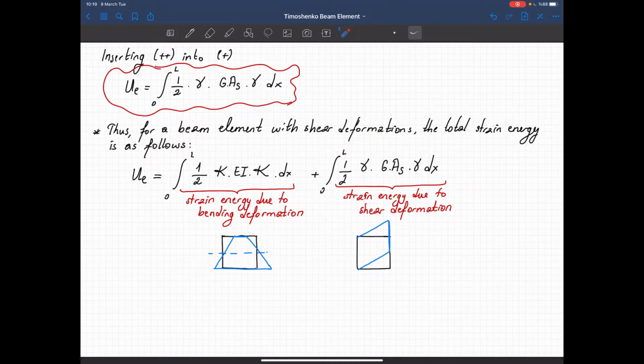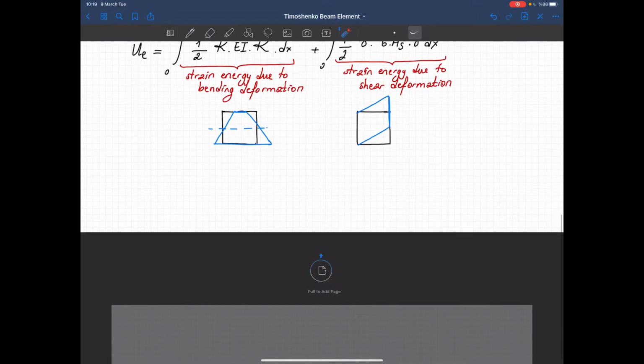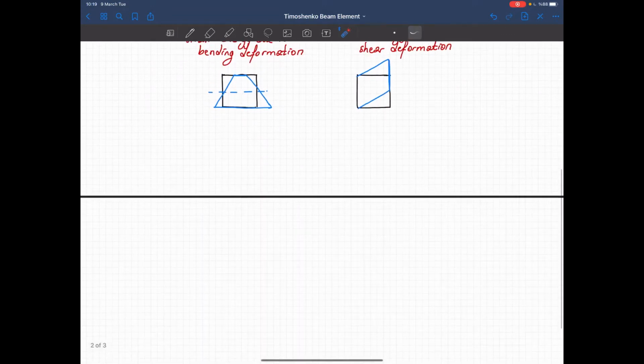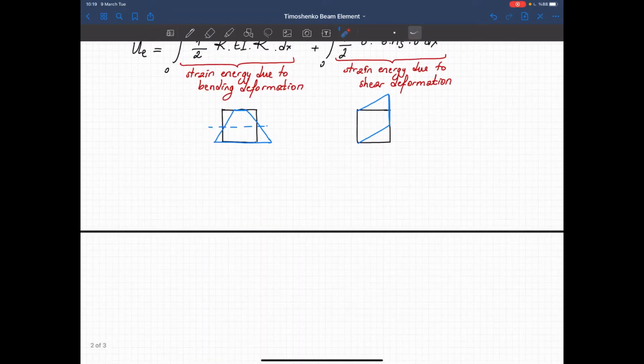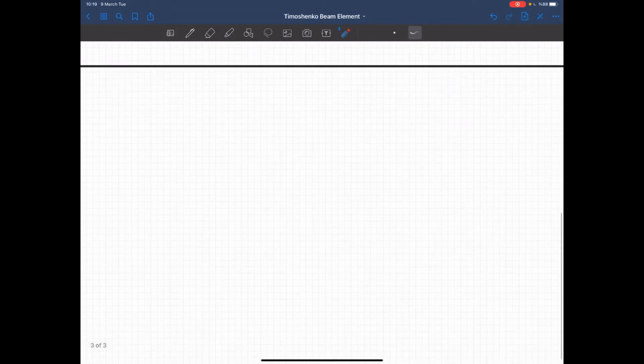Now we are ready to formulate the element. So I'll call it Timoshenko beam element. So let's again define our element.